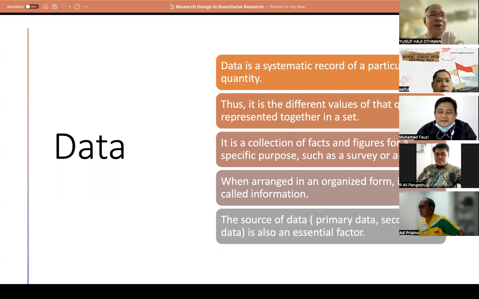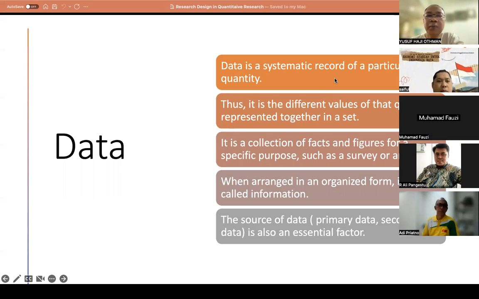Okay, so let's talk about the data in quantitative research. Data is a systematic record of a particular quantity in quantitative research. Thus, it is the different values of that quantity represented together in a set. So it is a collection of facts and figures for a specific purpose, such as a survey or analysis.